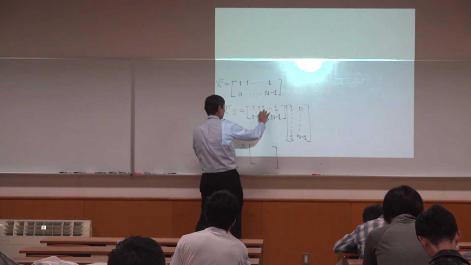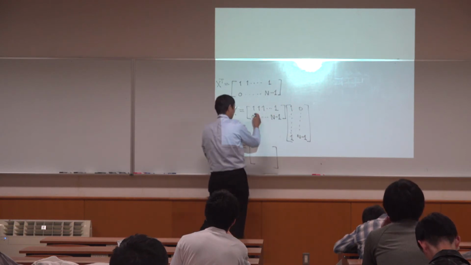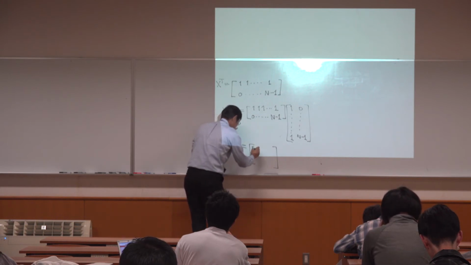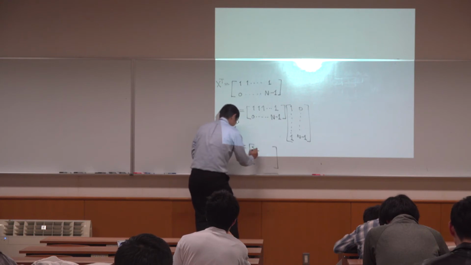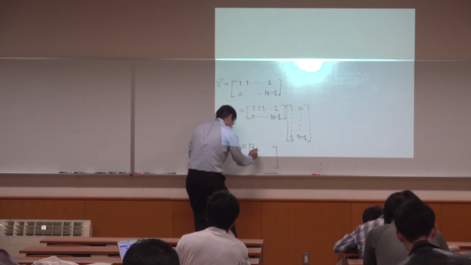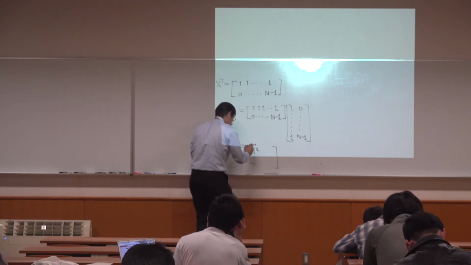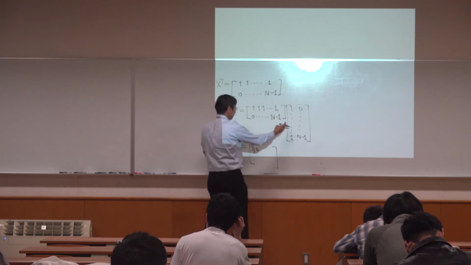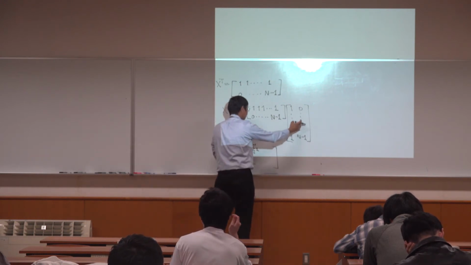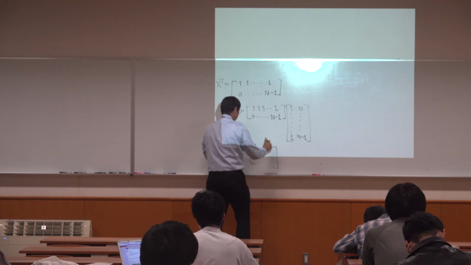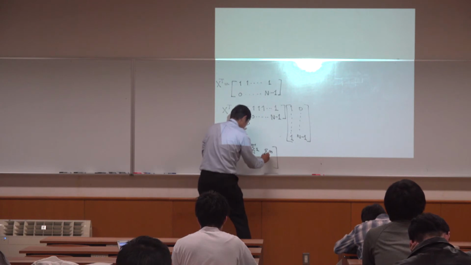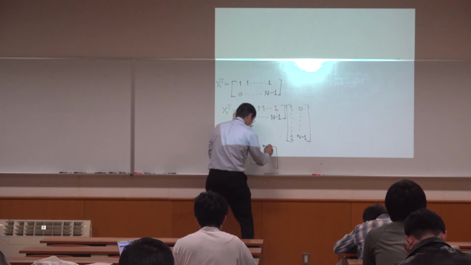And this and this, because 1 plus 1 plus 1 plus 1 plus 1 is a summation of 1 from 0 to n minus 1, which becomes naturally n. And the second element is the summation of n, from 0 to n minus 1.